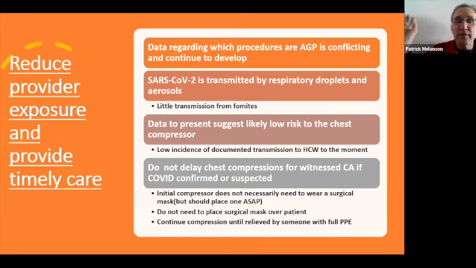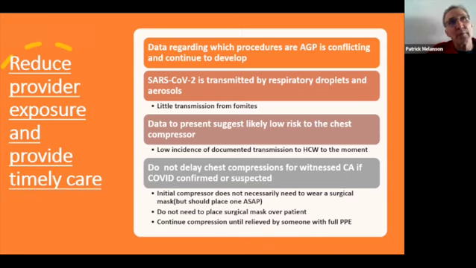So we were really concerned at the beginning that we would be losing healthcare workers if they weren't fully protected during code blues with COVID patients. Again, now we know that there's little transmission from fomites.